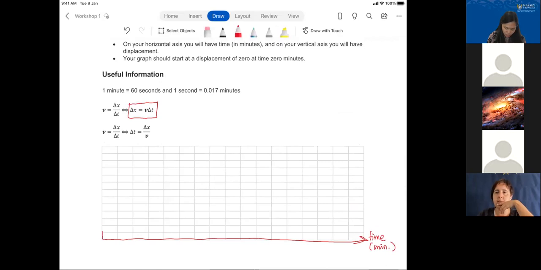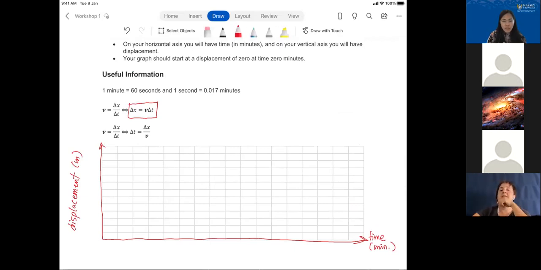So you have the vertical axis here. It's good to label your axes so that you'll know what quantity is in which, and then indicate the unit as well: displacement is in meters, time is in minutes.